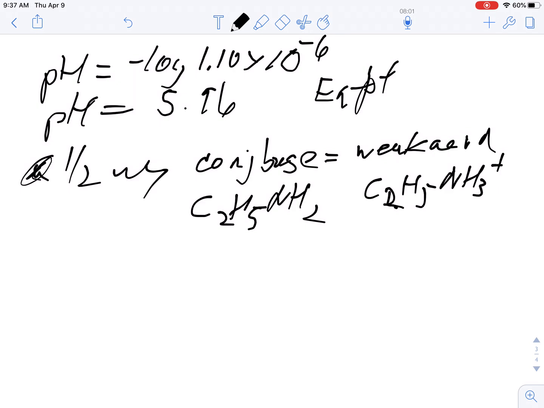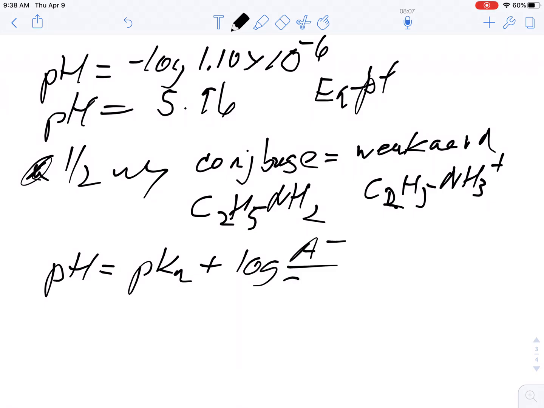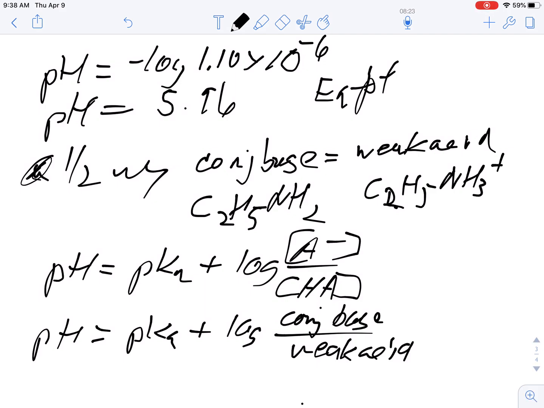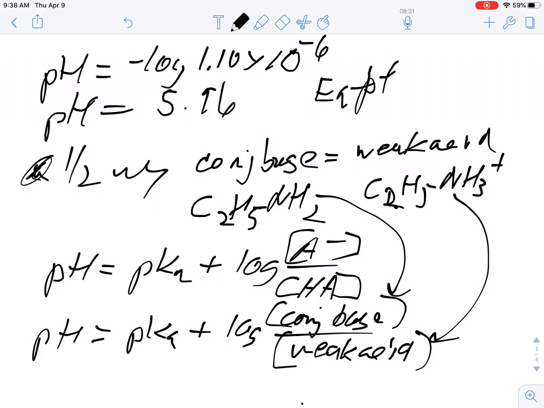What throws some people off with the Henderson-Hasselbalch equation is that it's typically written as this. But really, what you're looking at is just the log of the concentration of the conjugate base over the weak acid. So don't get hung up over the charges. So this one goes on top, that one goes on bottom.